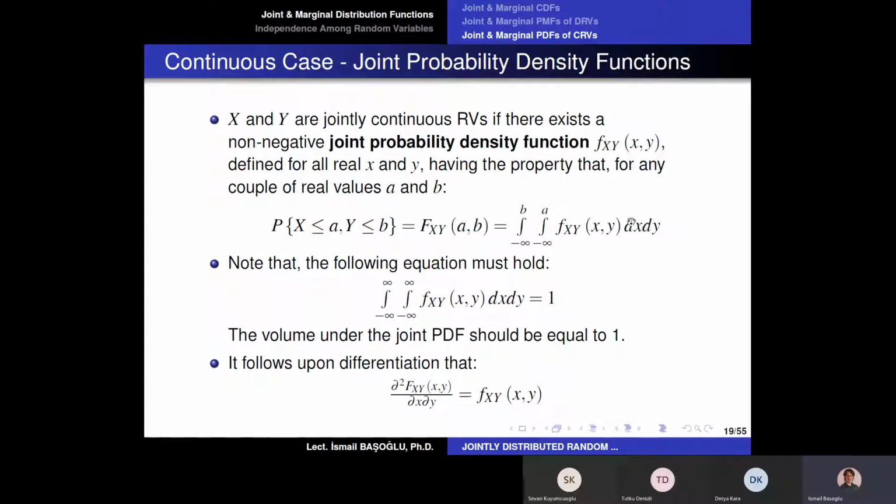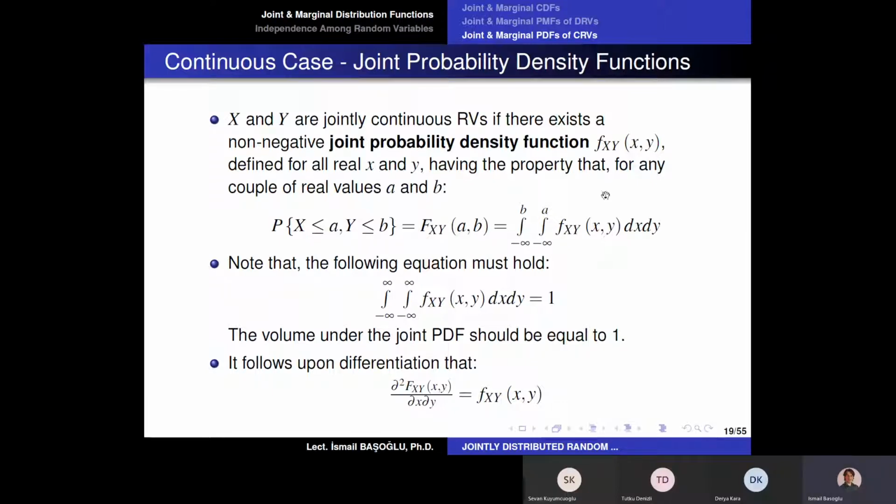The inner integral operator is x, which means we take the inner integral from minus infinity to a, because x is supposed to take values less than or equal to a. Similarly, the outer integral operator is y, which means the outer integral boundaries should be from minus infinity to b, because y is supposed to take values less than or equal to b here. And inside this double integral, we write the joint probability density function.